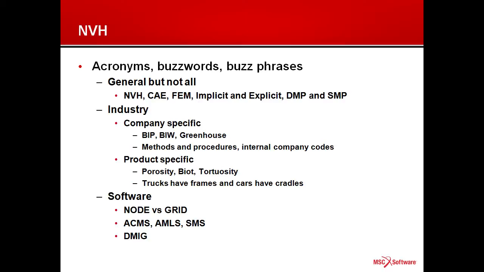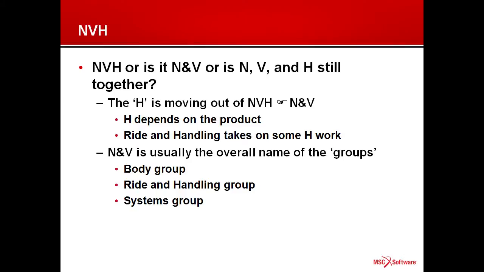So, in my experience, NVH over the years has evolved in that the H has kind of dropped out of NVH. When I go into the auto OEMs, their groups tend to be named N&V now. And underneath will be your overall group names.